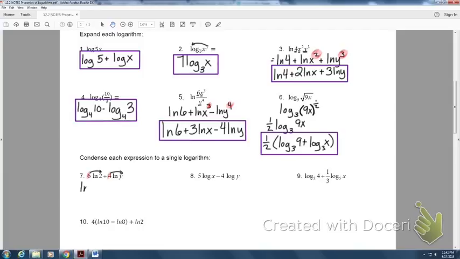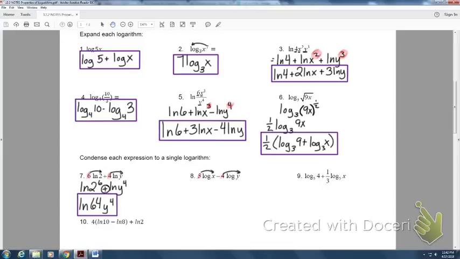So I've got natural log 2 to the power of 6 plus natural log y to the 4th. And now I can condense addition by using multiplication, which 2 to the 6th is 64. And then I've got y to the 4th. Okay. Now going over to 8, again, I've got coefficients.